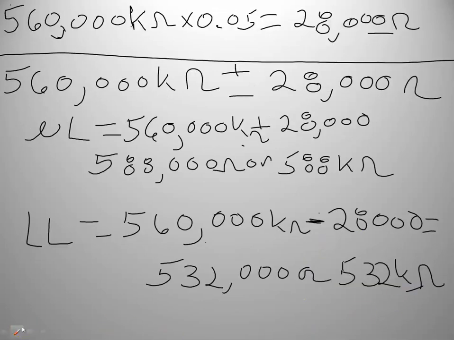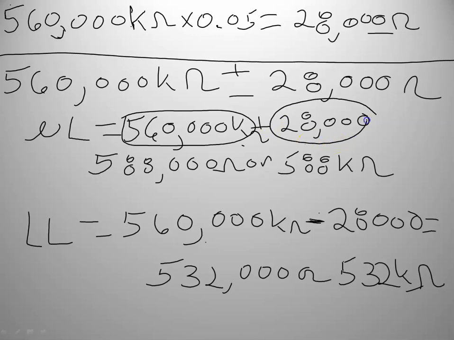Okay, so here we have 560,000 ohms plus 28,000 ohms. That's my upper limit, because when I did the calculations, it was 560,000 ohms plus or minus 28,000, what I show you right there.